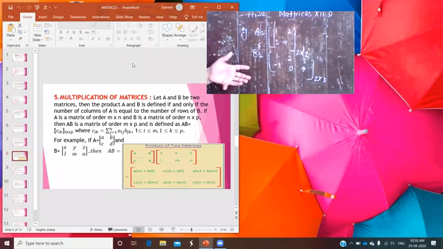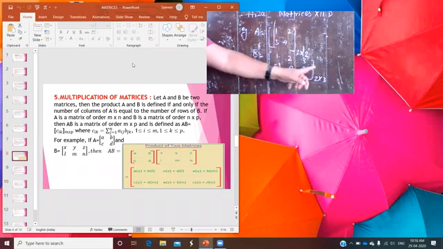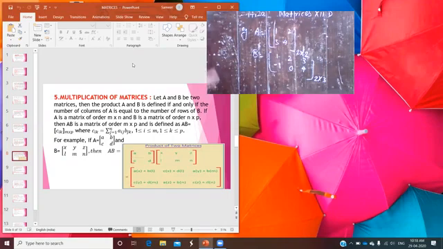Now if you want to find the product BA, see that the number of columns of B is 3 and the number of rows of A is 2, so they are not equal. So AB is possible, but BA is not possible for these two given matrices. Understand?